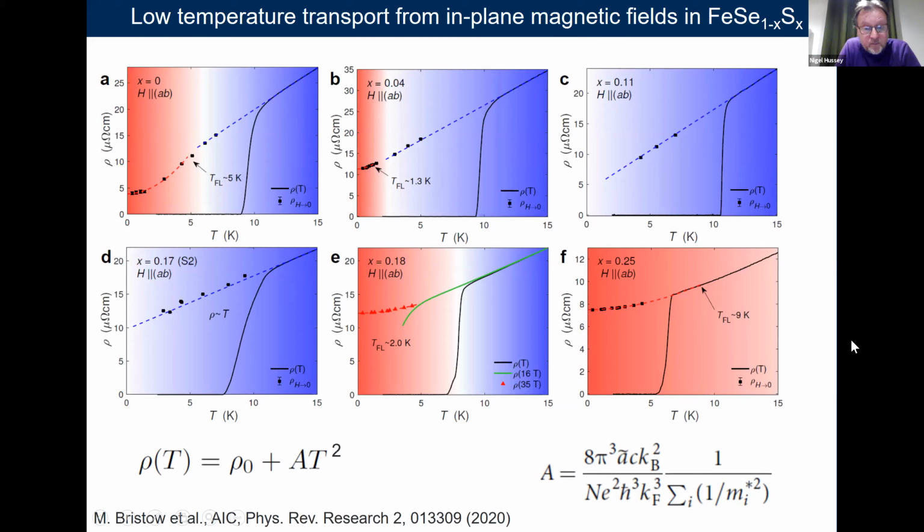It's hard to claim it's 2 Kelvin there, Amalia, with the number of data points you have, but it's similar. The coefficient itself is enhanced by about a factor of 3 as you get to 0.18. And at 17%, the data I showed you goes down linearly to about 1.5 K. And as Chi-Mao says, if it does cross over eventually to T squared, it has to have a very large A coefficient.